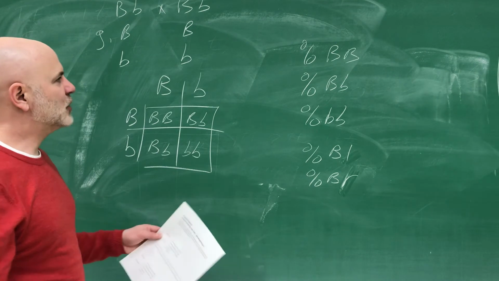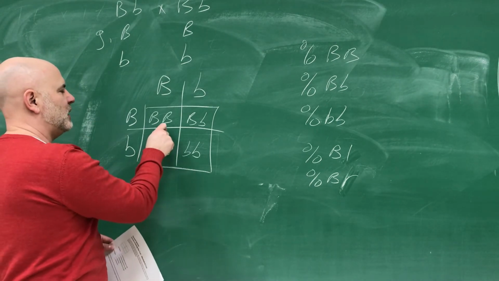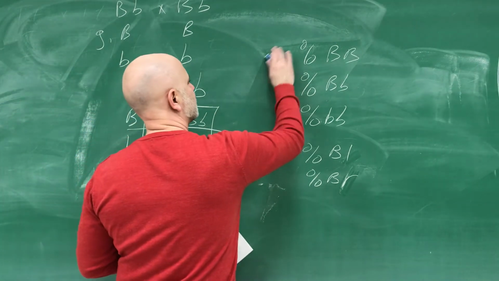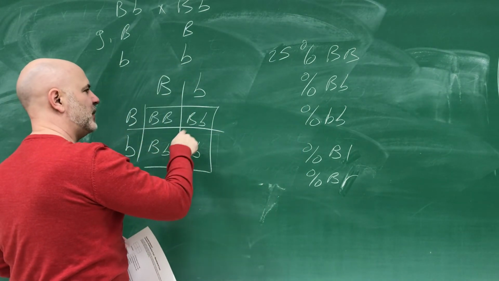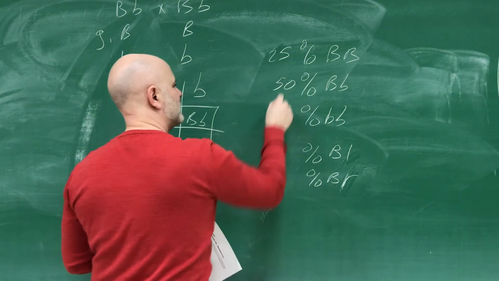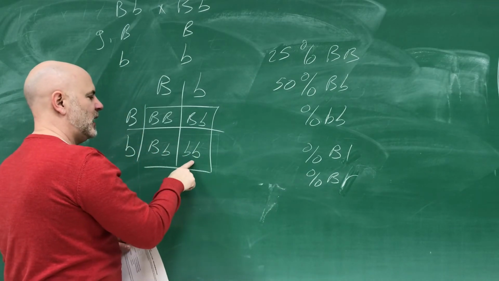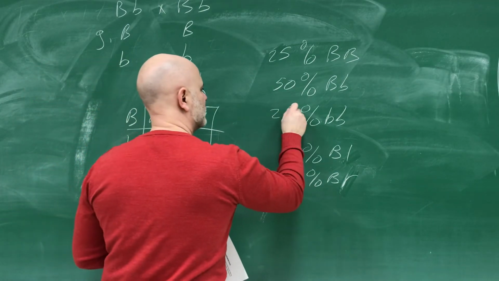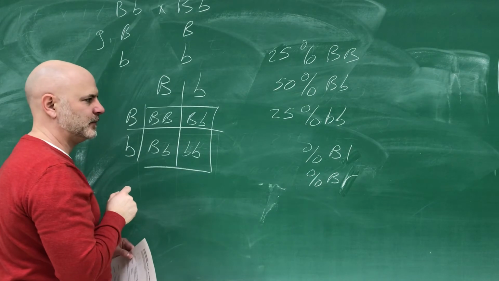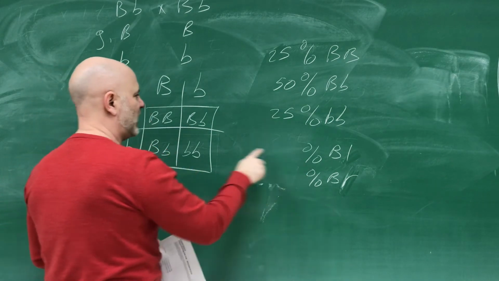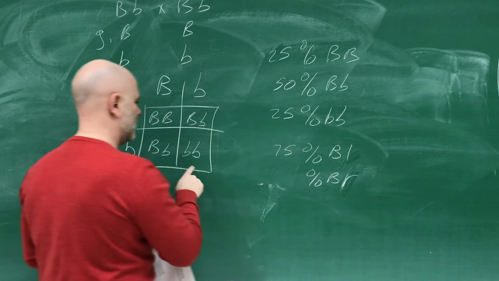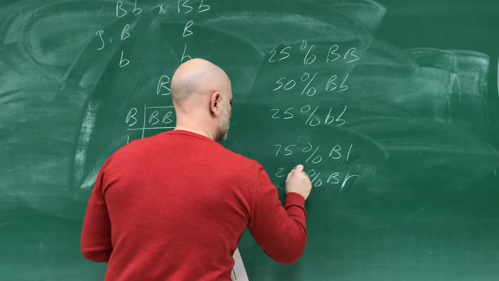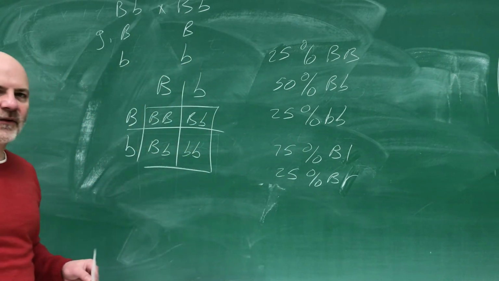All right, so our percentage that is big B, big B is 25%. Our percentage that is big B, little b is 50%, 2 out of 4. And the last one, 1 out of 4, so 25%, is little b, little b. Next, black. These 3 here are black, so that's 75%. This one is the only brown one that we have.